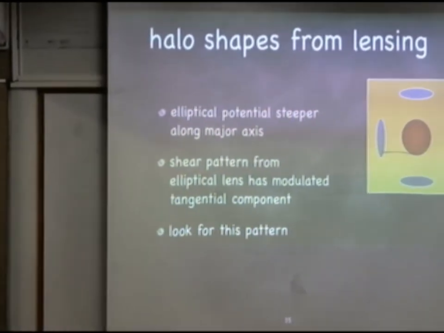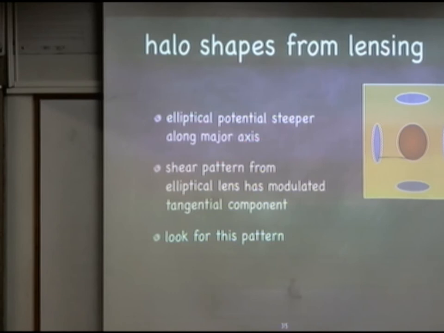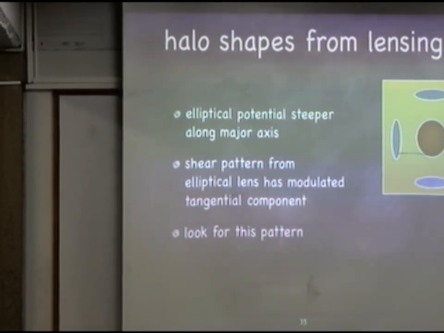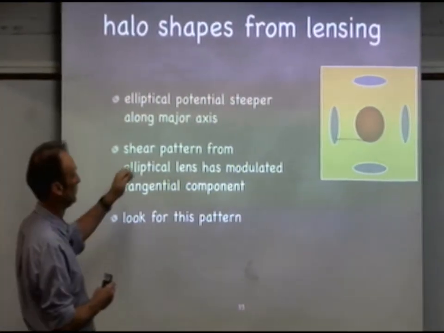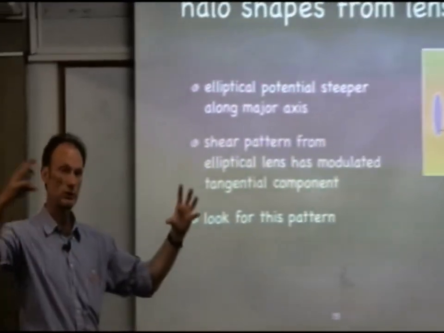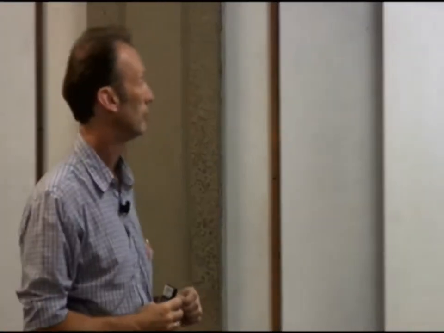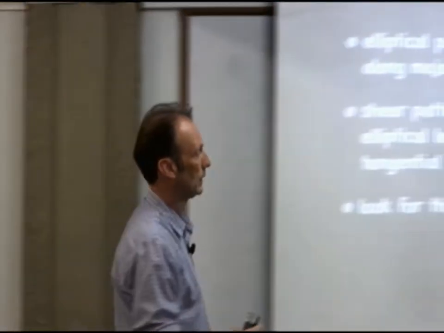You can try to go further and also look not just at the monopole, if you like, the circularly symmetric distribution of matter, but you can also look at the shape of the halo. You can try to see whether, on average, galaxies are sitting in round mass distributions or in elongated, flattened distributions. If the lenses are flattened, then you get this kind of a pattern.